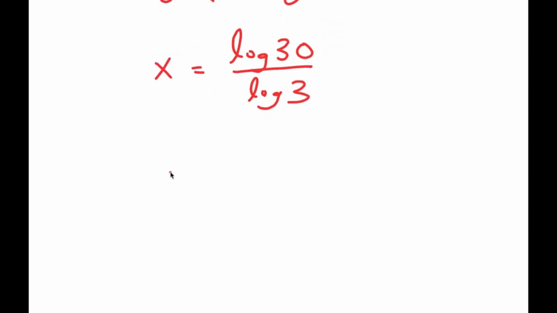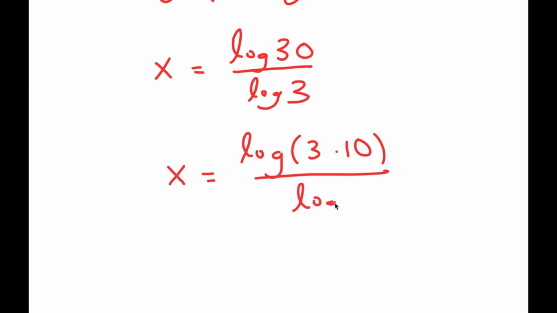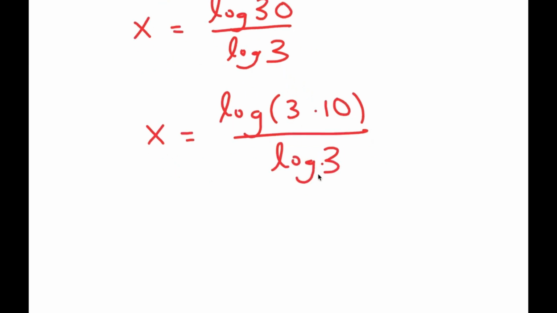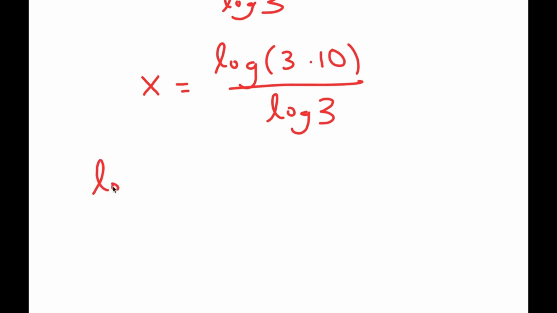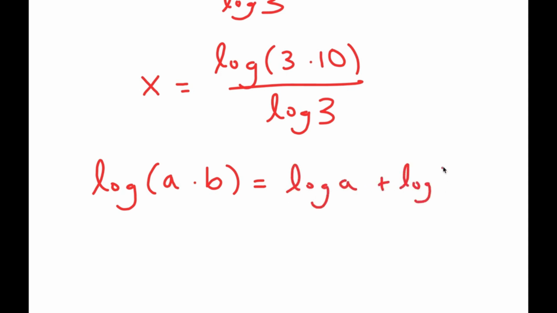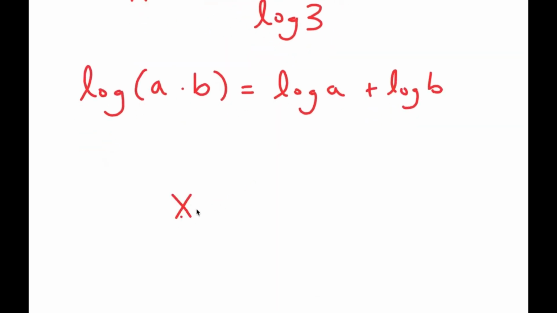Now, log 30, I'm going to rewrite that as log of 3 times 10. And if I have something in the form of log of a times b, this is equal to log a plus log b. So log of 3 times 10 is equal to log 3 plus log 10.